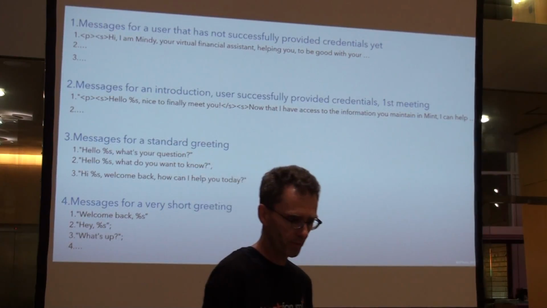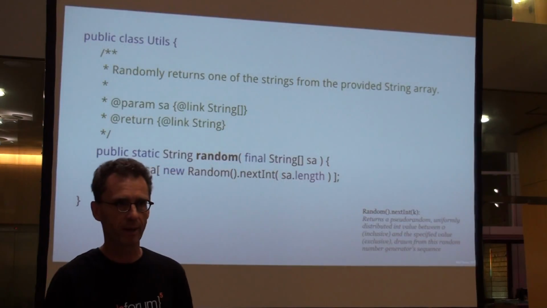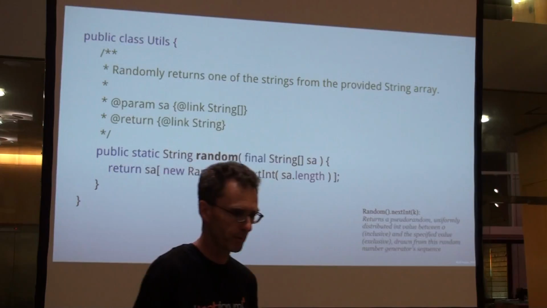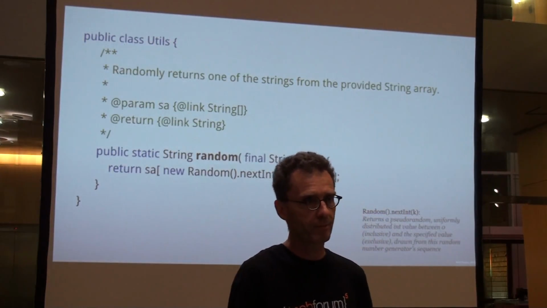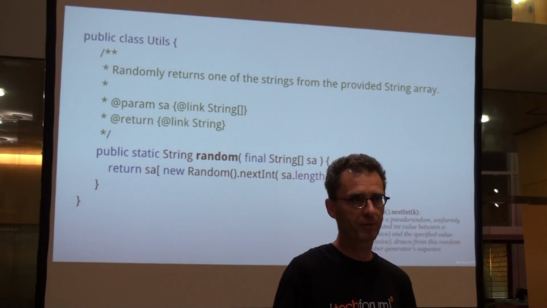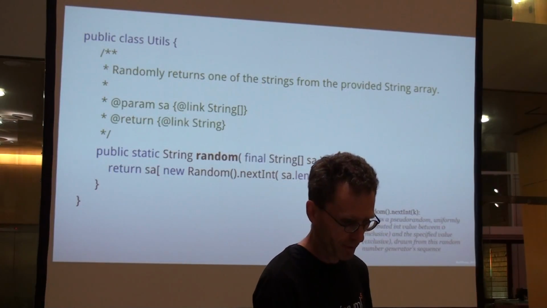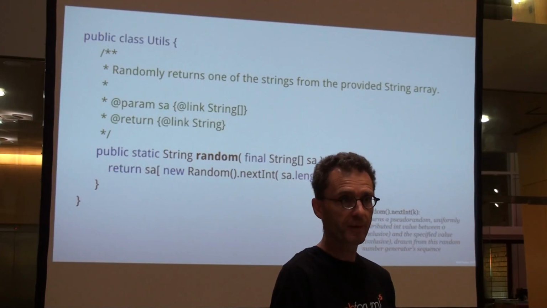Then we just use a random number generator to pick from the total length of the string array. So not sophisticated, and yes, over time the user will figure out, oh, this is one of the 4 different responses that I'm always getting. But there's still that randomness in it. Not every time when you say, hello, how are you, you get the same response.